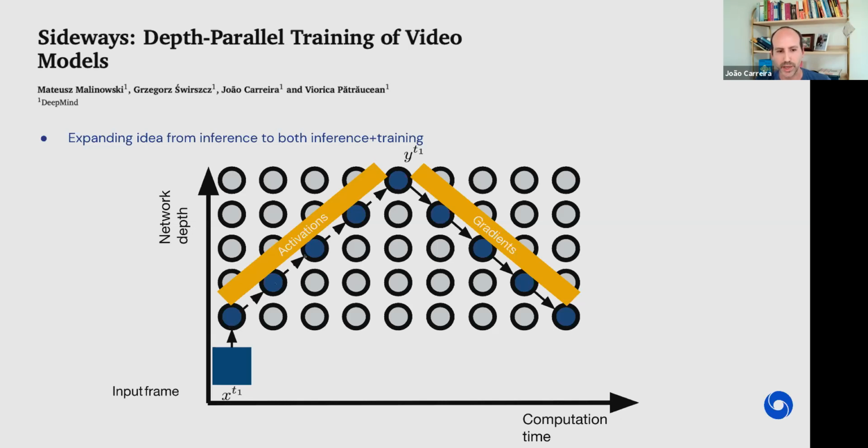So it goes diagonally like this, produces activations all the way to the output, where it produces some vectors. Then to do backprop, it needs to store all the activations for the various layers, and given the activations for a layer and the gradients from the layer on top, it can compute the new gradients and update weights. That's how backprop works. So it blocks the network a little bit.